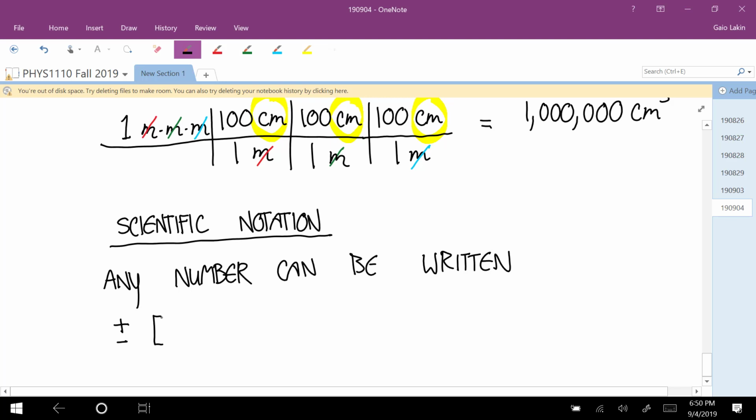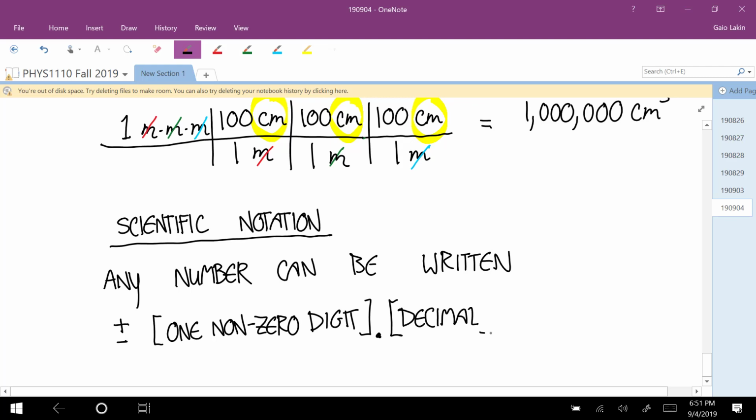But then one non-zero digit and then a decimal point, and then a decimal, and that can be any number of decimal places that you feel are important, times 10 to some integer. And those integers can be positive or negative.